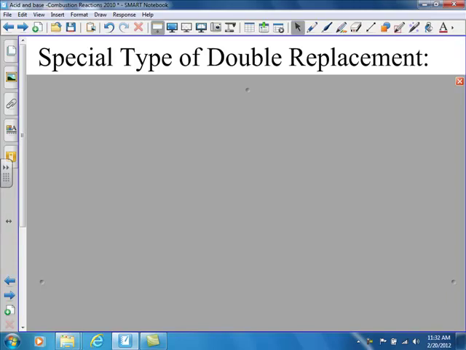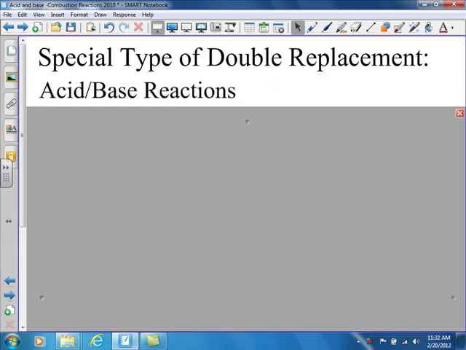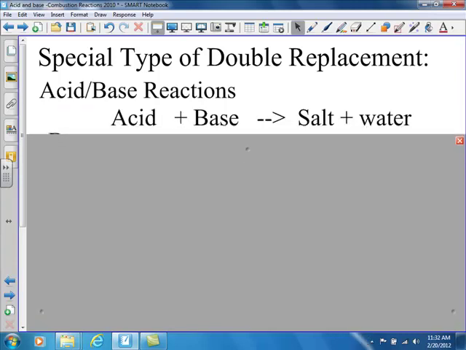And this special type of double replacement reaction is called an acid-base reaction. And it's really no different than a double replacement reaction, but one of the things that happens in this particular reaction is you always get the same two products. Okay?